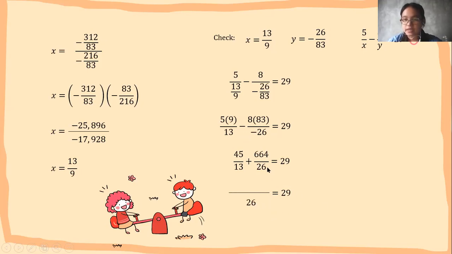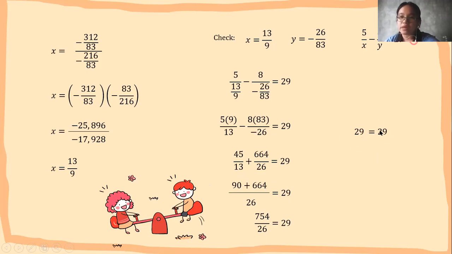Since they have the same denominator, let's just copy the 664. Then 26 divided by 13 is equal to 2, times 45 is equal to 90, plus 664. Then add: 754 over 26 is equal to 29. So 754 over 26 is equal to 29.